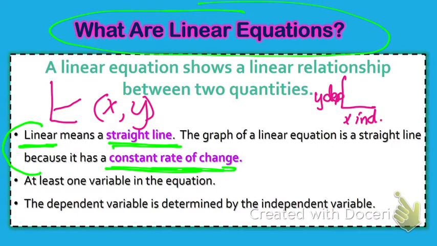The total amount you spent was your y-axis. So how much money you spend depends on how many tickets you buy. That's your independent versus your dependent. Okay, so let's go ahead and practice identifying now.